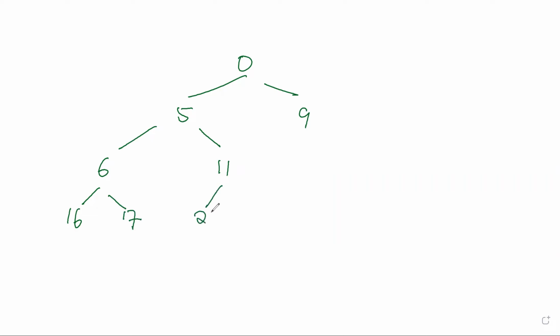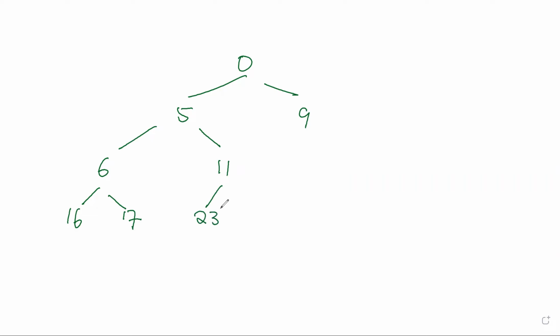We have 0, then we have 5 and 9, which is in the right location. Then I have 6 and 11. We also have 16 here, 7 here, and 23 is here.